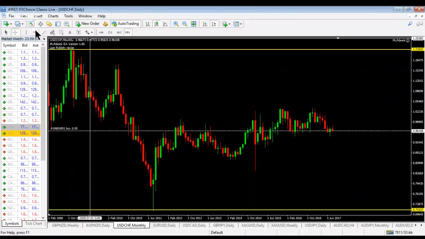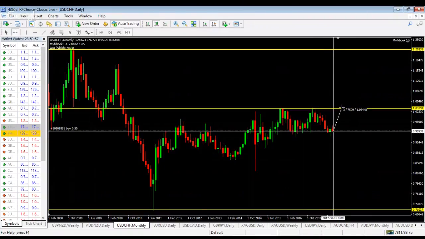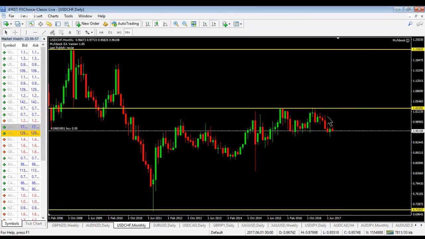So this pair that I'm in a buy right now, and I'm expecting to come all the way up here, this is going to be a nice over 700 pip move. But wait, if you notice, and I tell this to everybody, when you're in a trade and you want to know how long it's going to take, all you have to do is look left and see how long it took for price to get to where it's currently at.